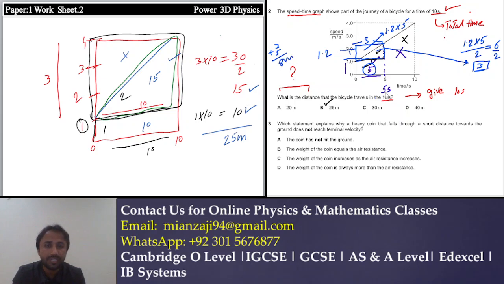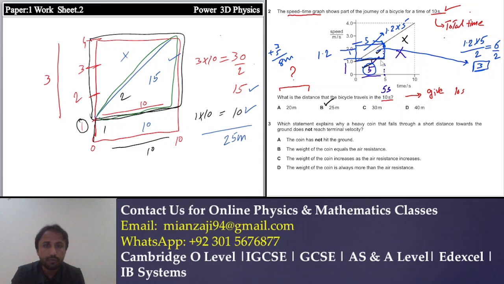If we just change the time, what is the distance that the bicycle travels in 5 seconds? We will just draw a perpendicular on the time axis at 5, then we will calculate the area under this curve up to this one. Again the strategy is the same.